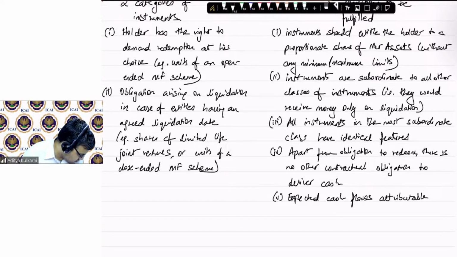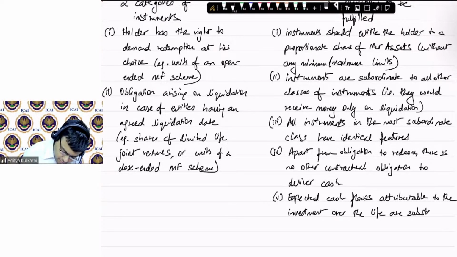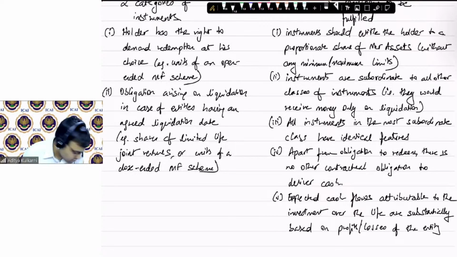attributable to the investment over the life are substantially based on profits or losses of the entity.